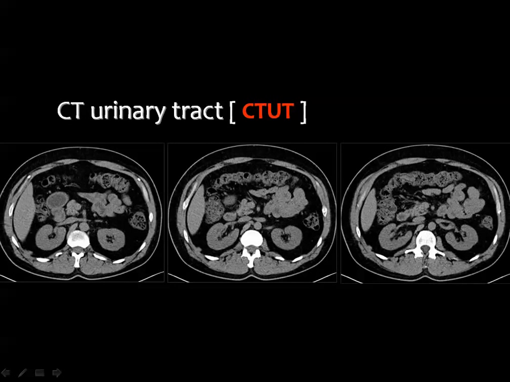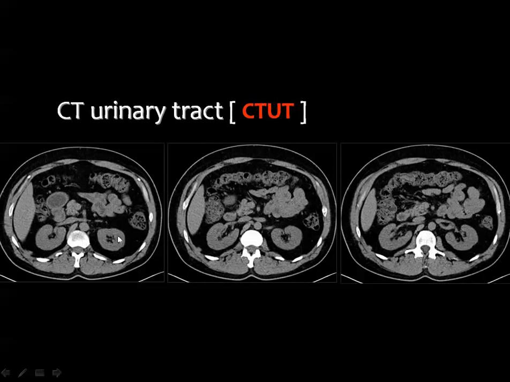Then this is one of the most important techniques nowadays performed in the clinical practice for detection of urinary tract calculi. And this technique is known as CT-UT, or CT of the urinary tract, without injection of contrast media. We scan the area starting from the upper pole of the kidney down to the urinary bladder every 3 millimeter slice interval.